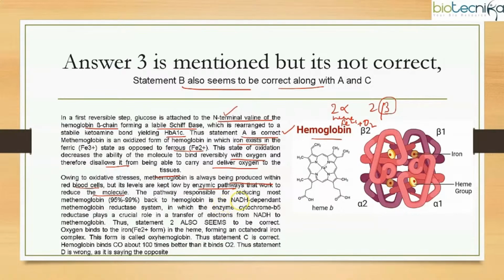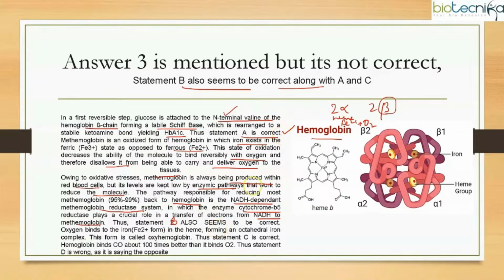The pathway responsible for reducing most of methemoglobin back to hemoglobin is the NADH-dependent methemoglobin reductase system, where the enzyme cytochrome b5 reductase plays a crucial role in the transfer of electrons from NADH to methemoglobin. So statement B also seems to be correct.